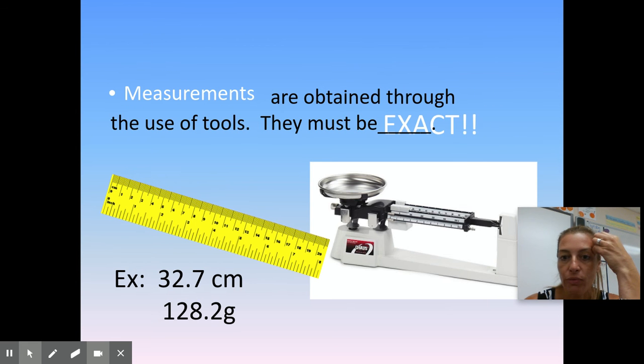So you'll measure it with a ruler, or you'll measure it with a triple beam balance, or you'll measure it with a scale, whatever you're using, or a graduated cylinder. So measurements are obtained through the use of tools. They must be exact. For example, 32 and 7/10 centimeters is an exact measurement of how long something is.